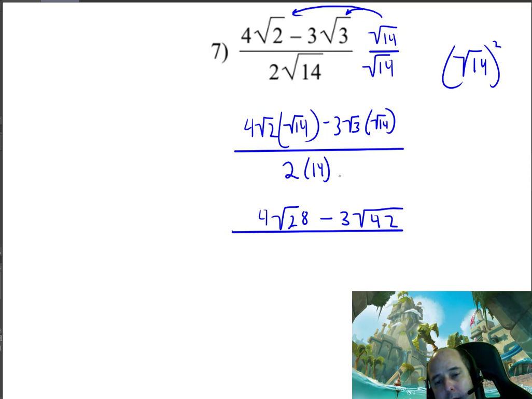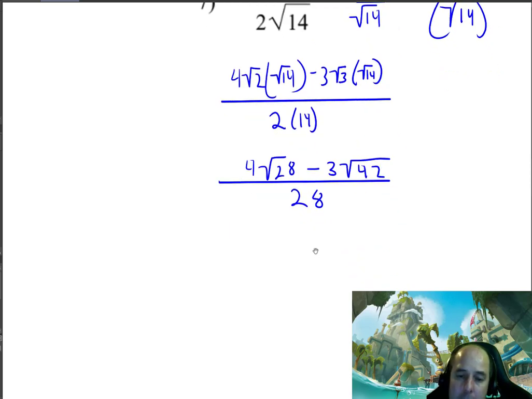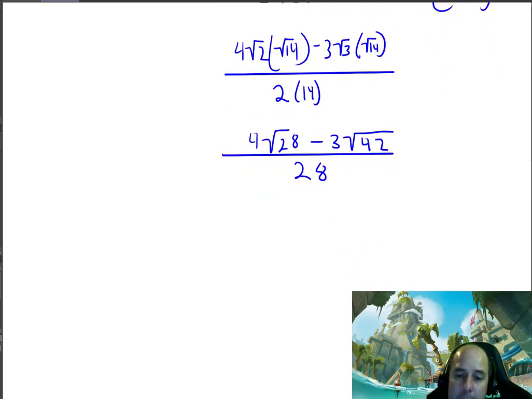Yes, that's right, 42. And on the bottom, I have 28. Now I'm going to simplify any of these that I can. If I can simplify it, I want to simplify it. So let's try and pull out of that 4 square roots of 28.